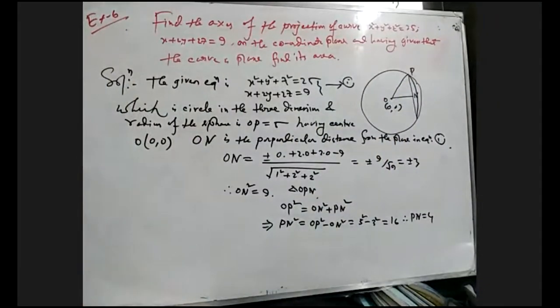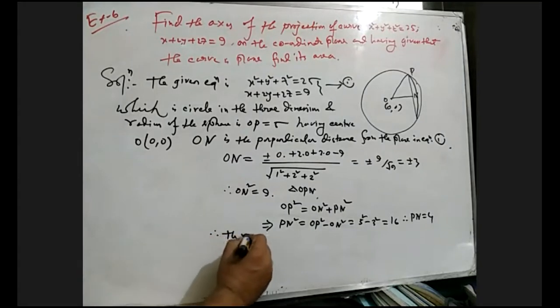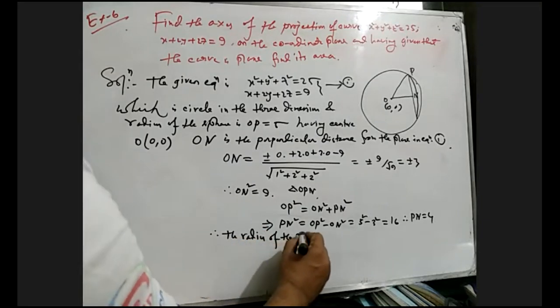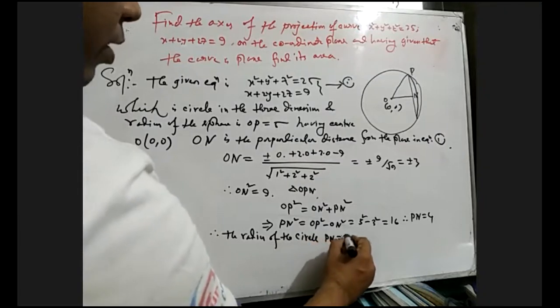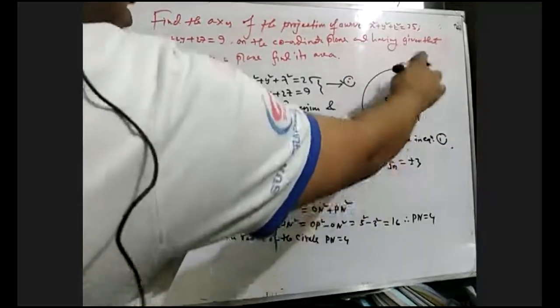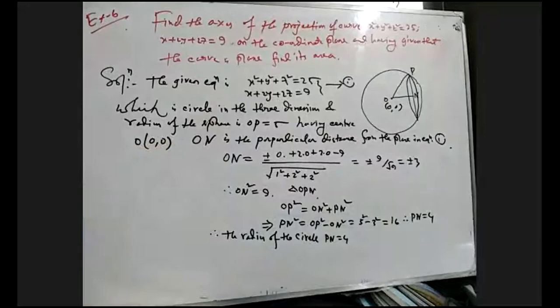Therefore, the radius of the circle PN equals 4. After cutting, we get this circle, and PN is the radius of that circle. Remember it.